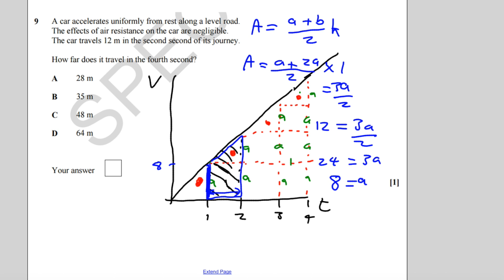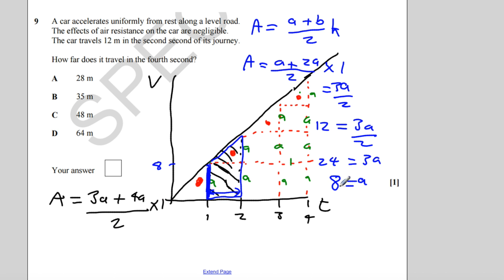So the area under our graph for the 4th second is going to be 3a plus 4a divided by 2 times 1.